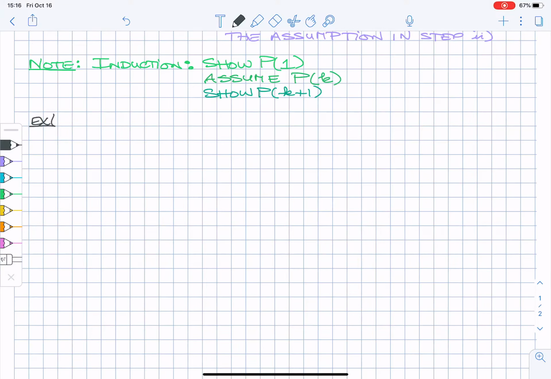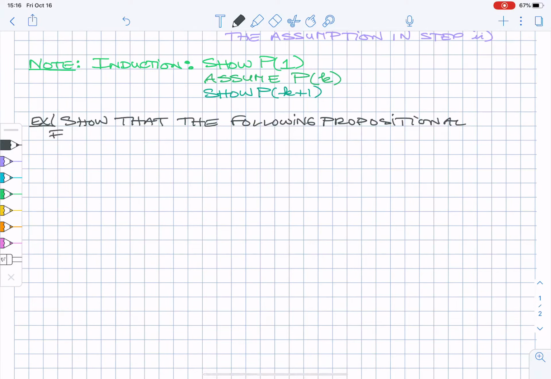Show that the following propositional functions are true by using mathematical induction, or by using a proof by induction.